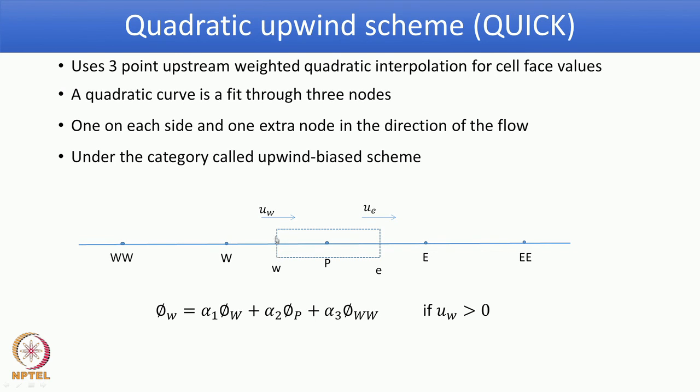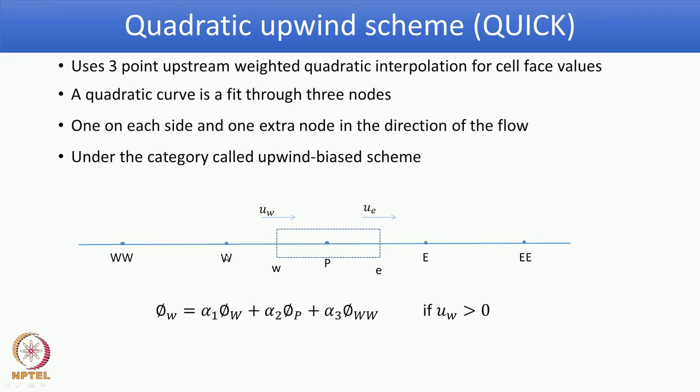Let us look at this illustration. For example, phi at the W face: we have node P, the immediate node on the right, and node W on the left. So these two are on either side for this particular face. Then the flow is from left to right, so u_w, the convection velocity, is positive. For this condition, the upstream node is WW.